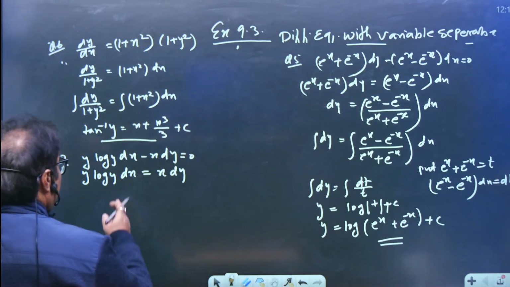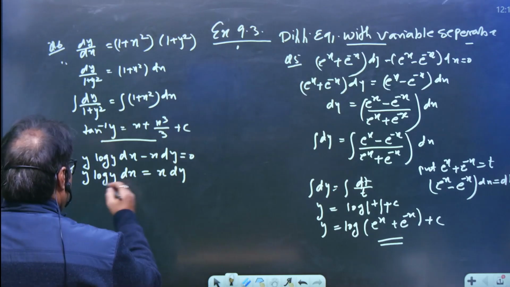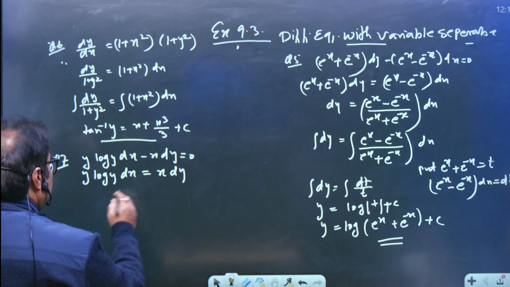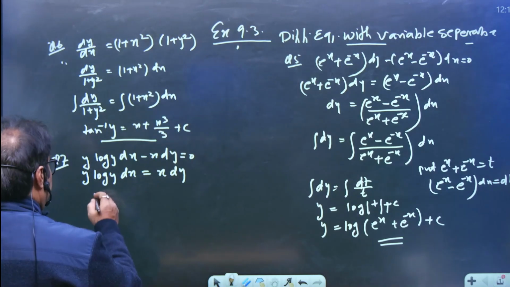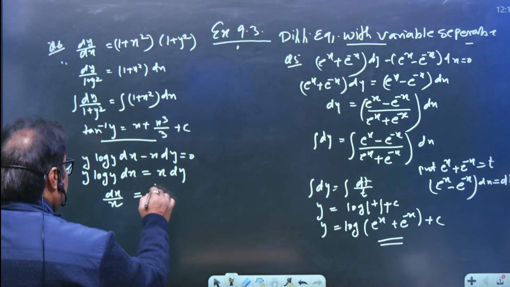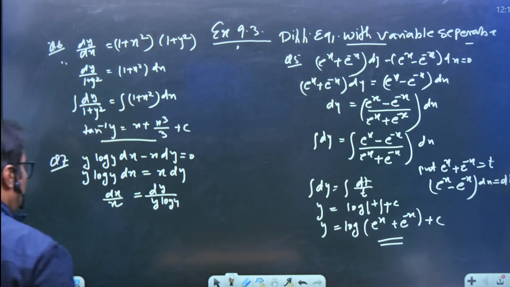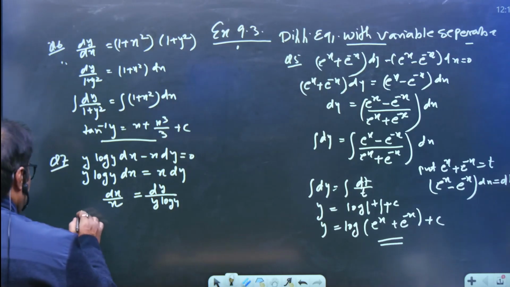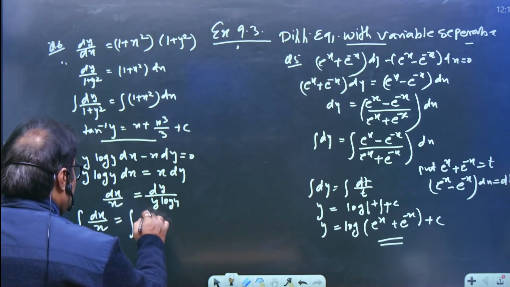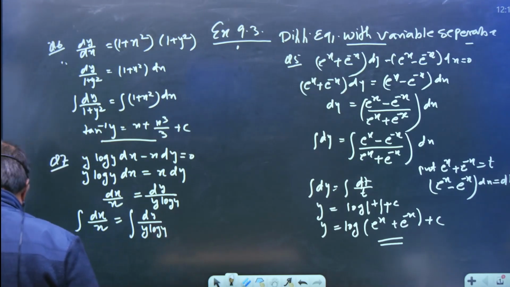So this will be equals to dx upon x, and this will be dy upon y log y. So variable is separated. So now integration on both the sides, dx upon x is equals to integration of dy upon y log y.